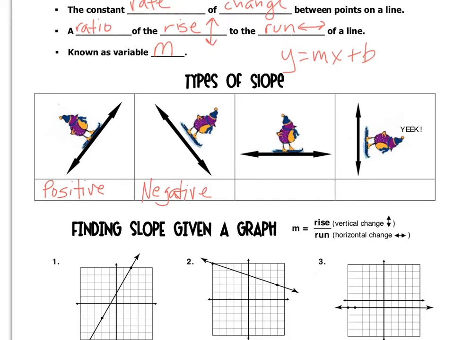Our creature is not moving at all on the third line here. This actually has a slope. It is 0, right? This has no change or no rate of change or no slope to it. And our last one, a vertical line, it's actually changing so much we can't even define how much it's changing. So vertical lines have an undefined slope.